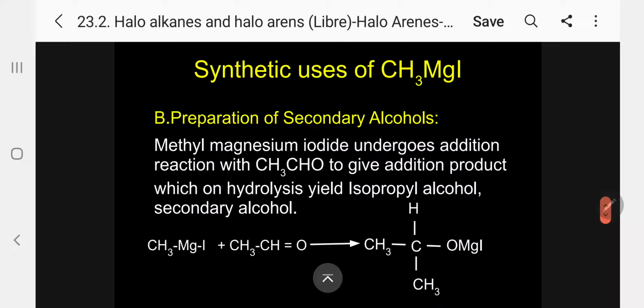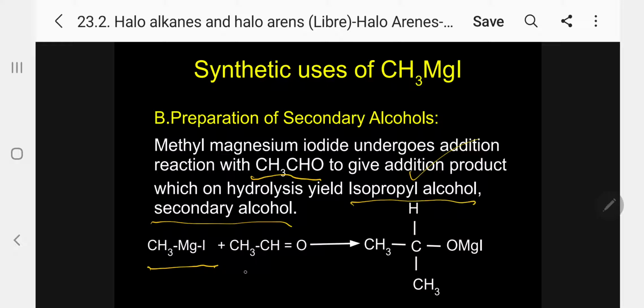Then coming to secondary alcohol, I told you already, any aldehyde other than formaldehyde, here acetaldehyde. Methyl magnesium iodide undergoes addition reaction with CH3CHO to give an addition product which on hydrolysis yields isopropyl alcohol, that is secondary alcohol. Kindly follow. See, methyl magnesium iodide reacts with acetaldehyde as usual.